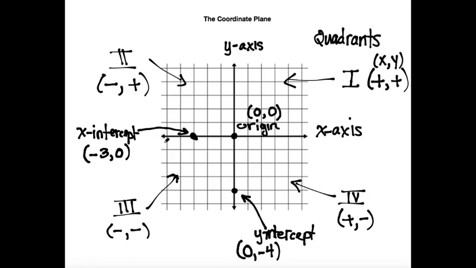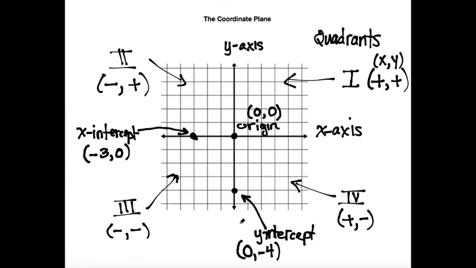So an x-intercept is going to be right there on your x-axis. A y-intercept is going to be on your y-axis. If you have an intercept, either your x value or your y value is going to be 0. Otherwise, we have points in each quadrant.